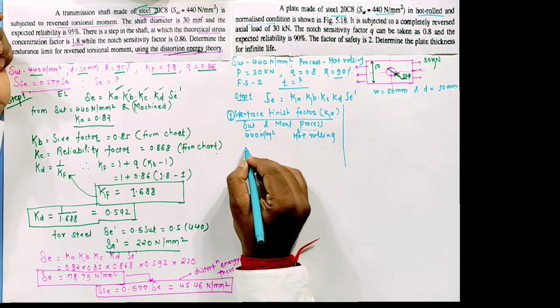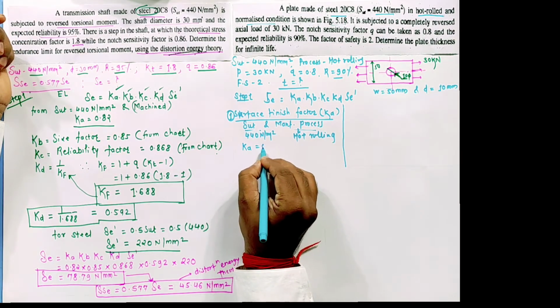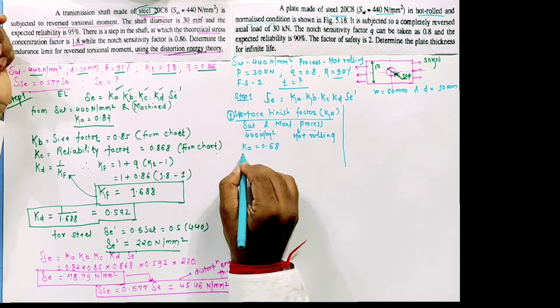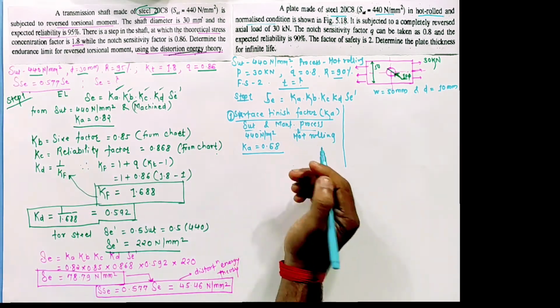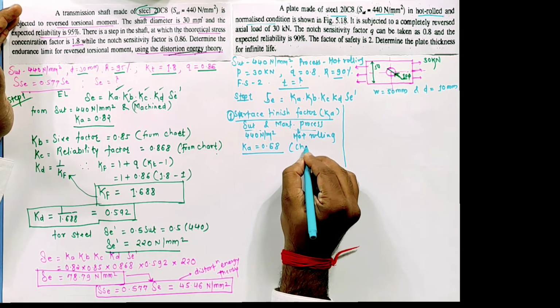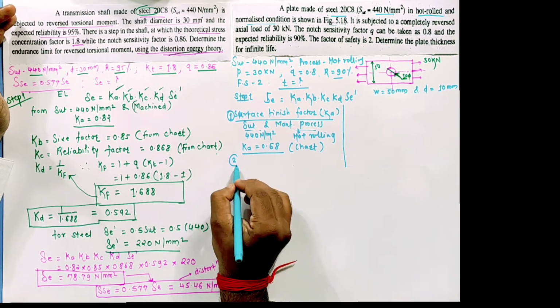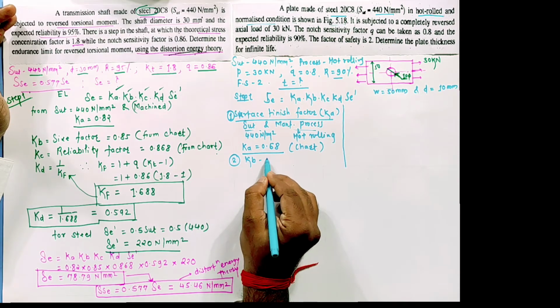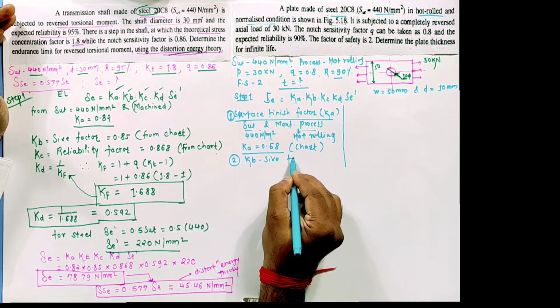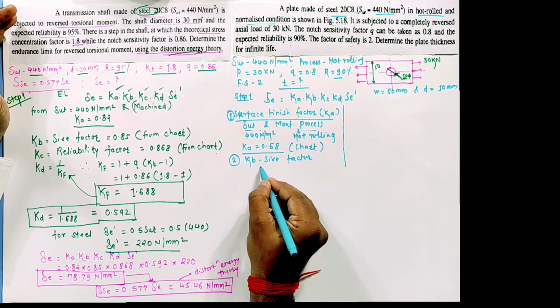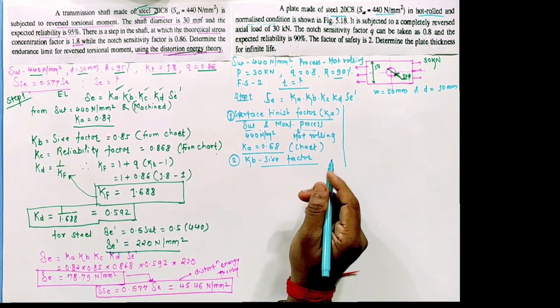So Ka is equal to 0.68. Very important. So we have found that from the chart. Second, Kb, size factor. Now for size factor, again I'll move toward the chart.